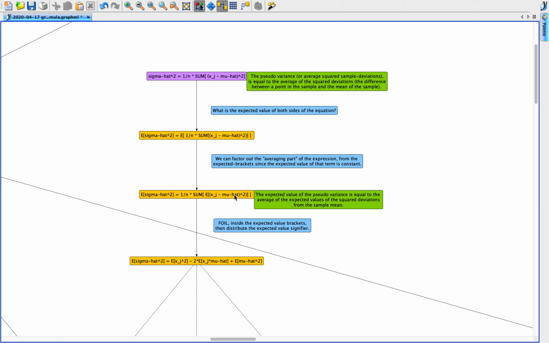So now we have xi minus mu hat squared, and so we can FOIL and just expand and actually multiply that term by itself.